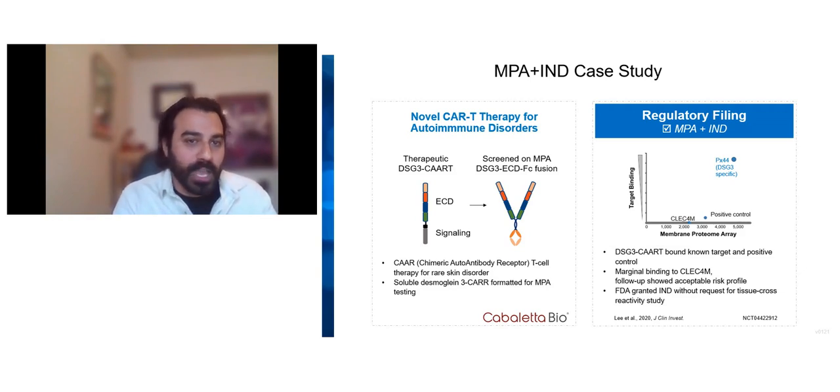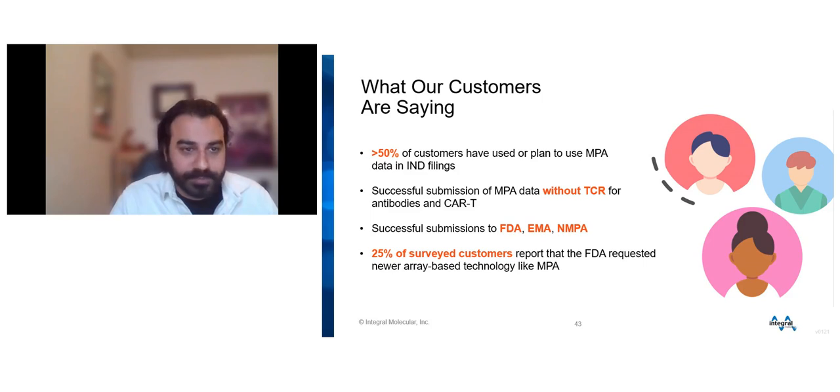However, with this knowledge, Cabaletta performed some follow-up studies to prove in their IND submission that this potential interaction would not be a safety risk in humans. And importantly, they were successful in their IND submission without tissue cross-reactivity services or studies.